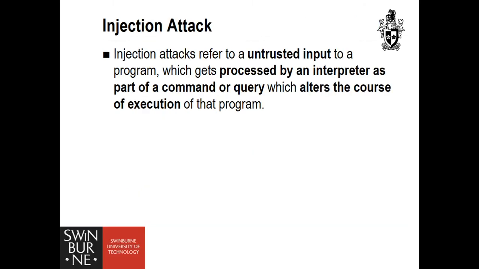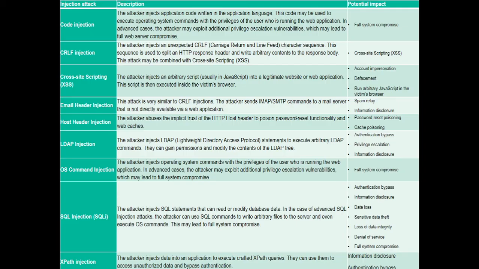What is an injection attack? An injection attack refers to untrusted input to a program, which gets processed by an interpreter as part of a command or query, altering the course of execution of that program.